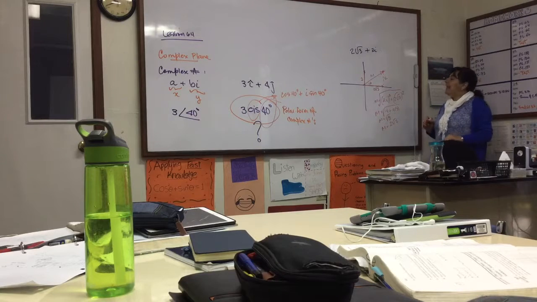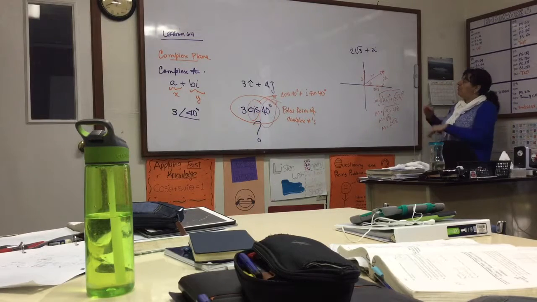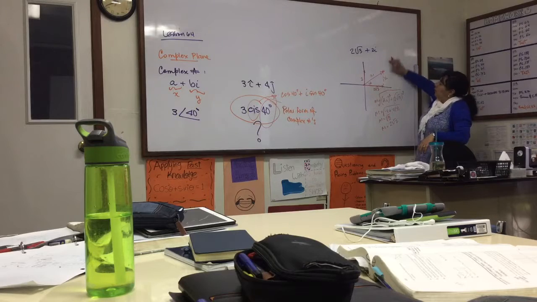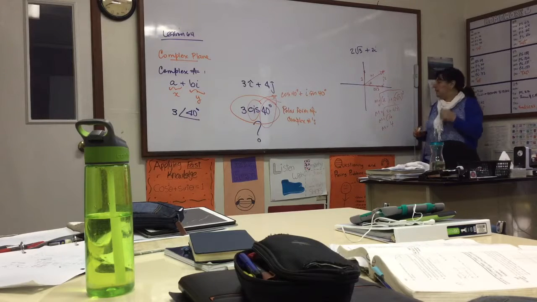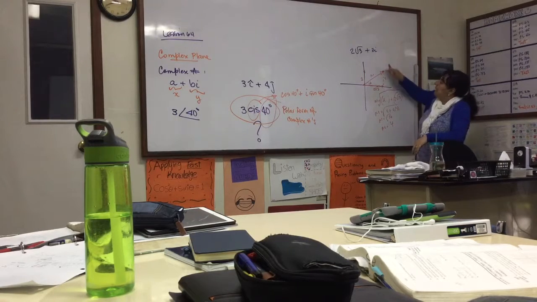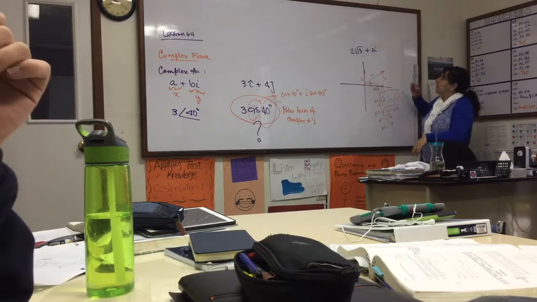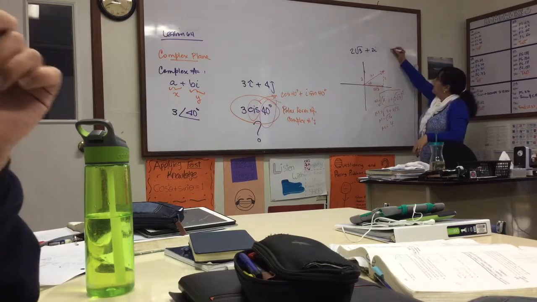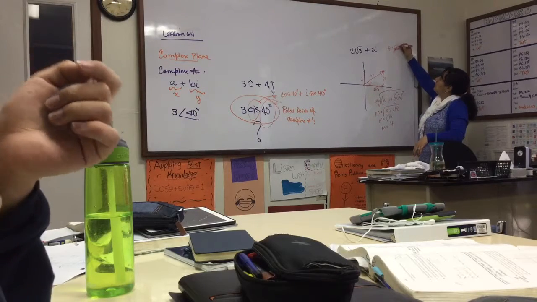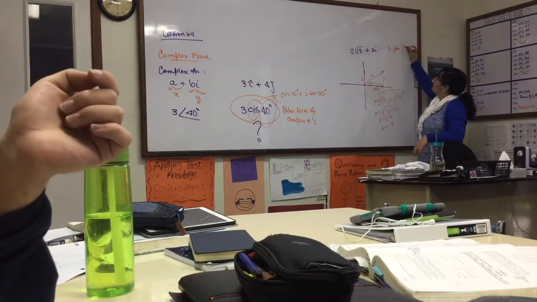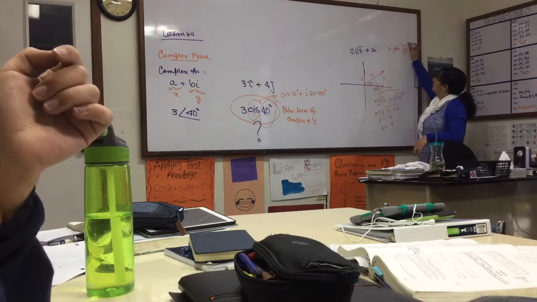And then how do you find the angle? Same exact way as you did before. The angle would be inverse tangent of opposite 2 over 2 square root of 3.